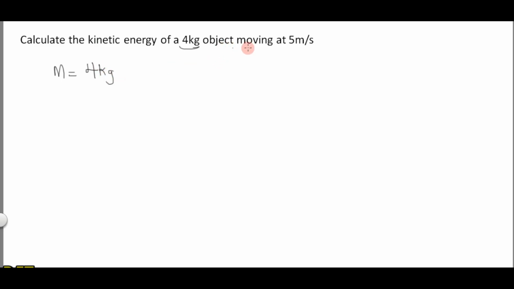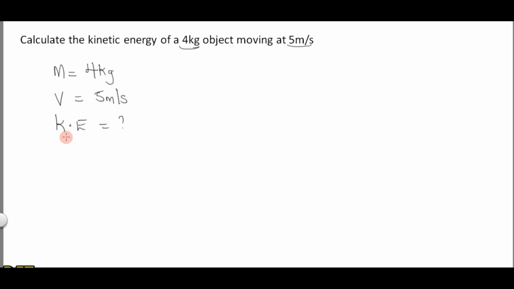Moving at 5 meters per second tells us about velocity, so our velocity is 5 meters per second. And what we're looking for is the kinetic energy.